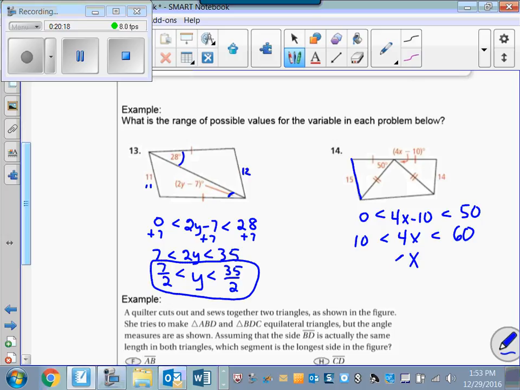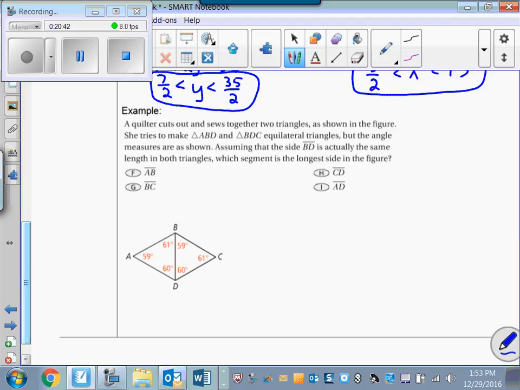So that looks like x is going to be greater than 5 halves, and x is going to be less than 15. Unless I messed up my arithmetic, I believe that's correct. Okay, so both of those using the converse of the Hinge theorem.